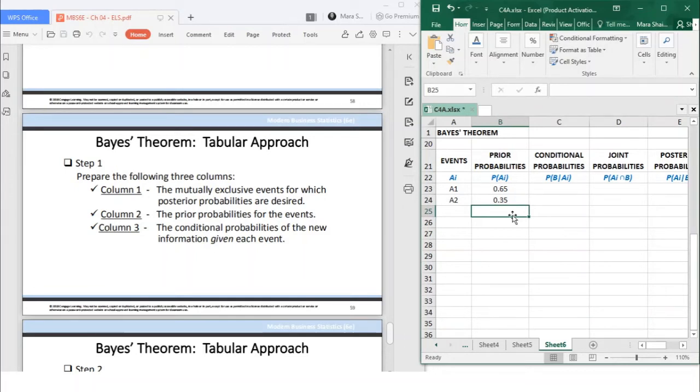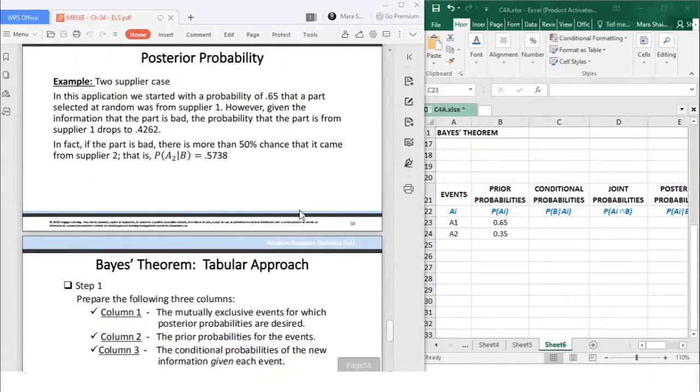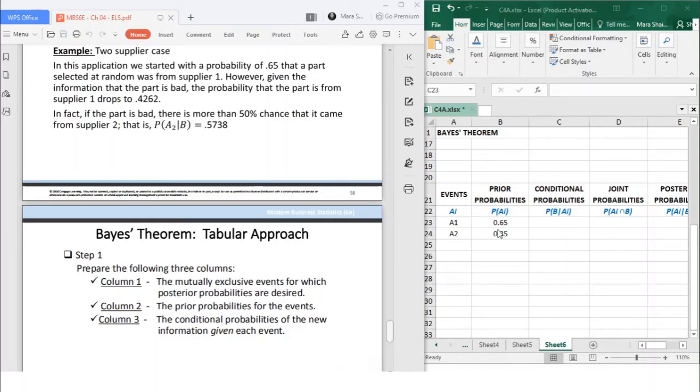Again, it contains the conditional probabilities of the new information given each event. That is, the condition of event B given the event A. Isa man natong i-try og kuha diri. For instance, let's try to compute for the bad part, para atong i-try if ma-arrive ba gyapon ta ani nga answer. So let's try for the bad part.